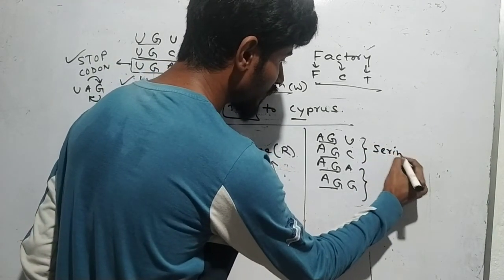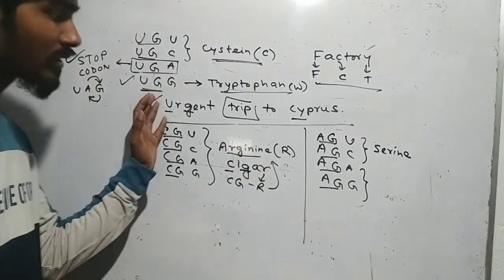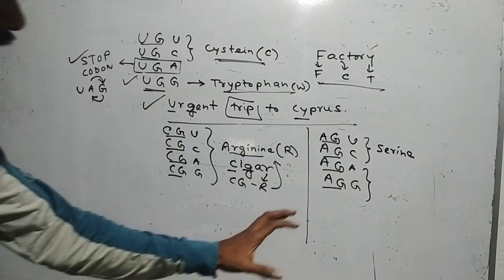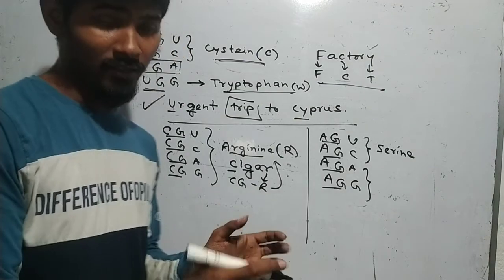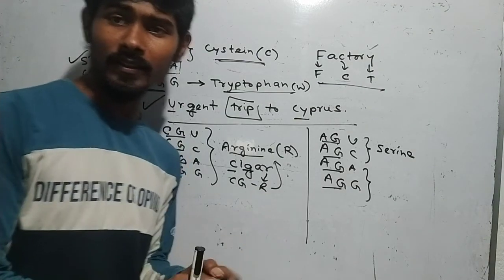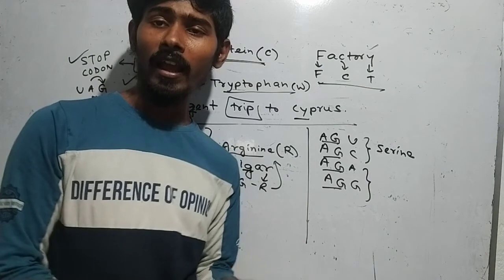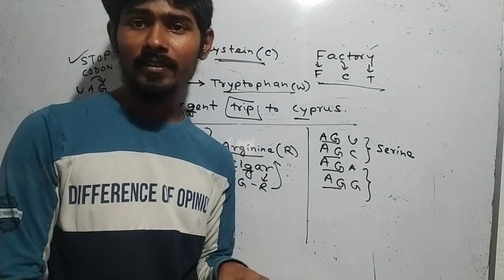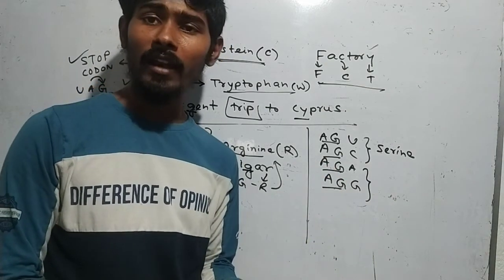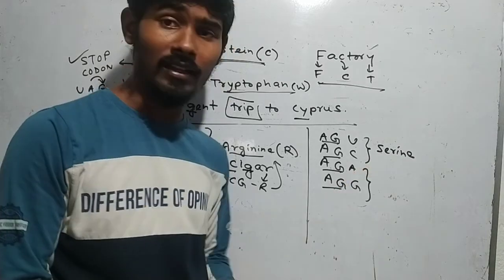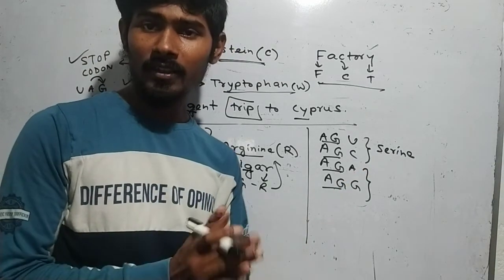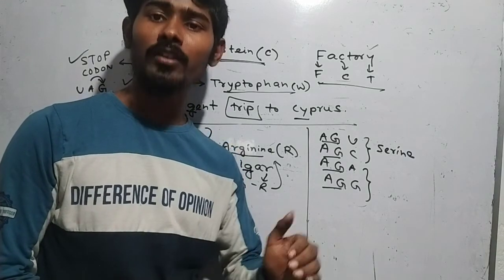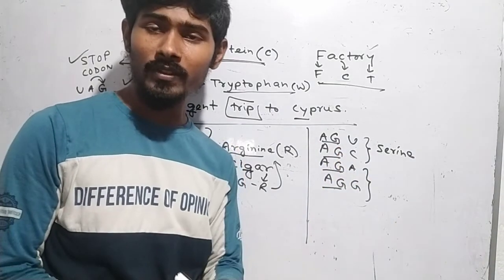serine. Remember, we had serine in another room, but here I have mentioned earlier that L is the leucine, and R is actually the arginine, and S is actually the serine, and they are encoded by 6 codons, and you will find them in 2 different rooms in the chart.